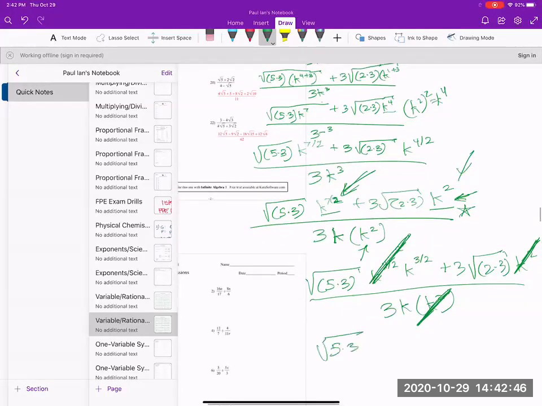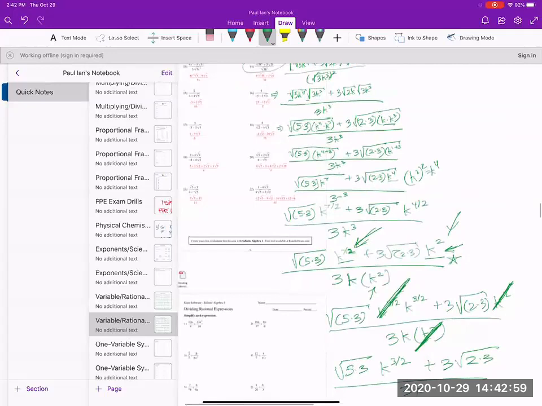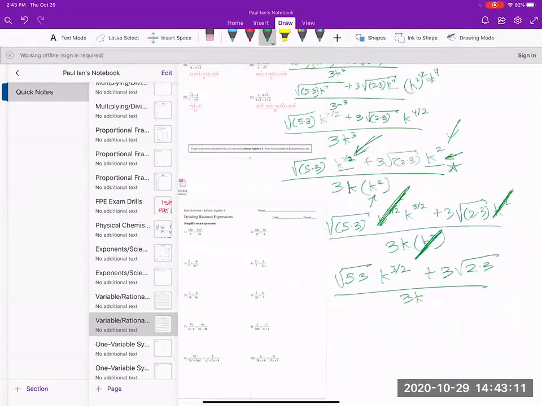So 5 times 3 k 3/2 plus 3 root 2 times 3 divided by 3k. All right, let's see what we're supposed to end up with. So 3k, okay, that's good. I got 15. And then I got 1k and then 1/2, which is good. I think we're pretty much done. So now let's just combine them. So that's 15, right?